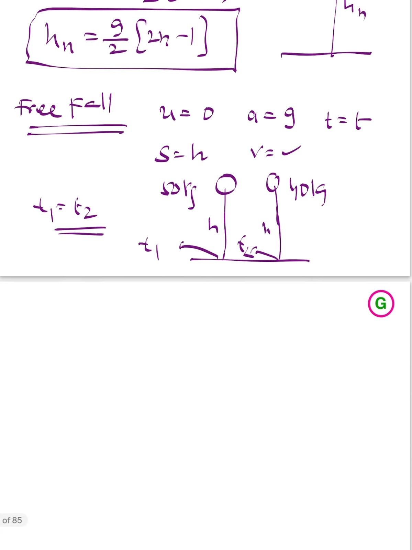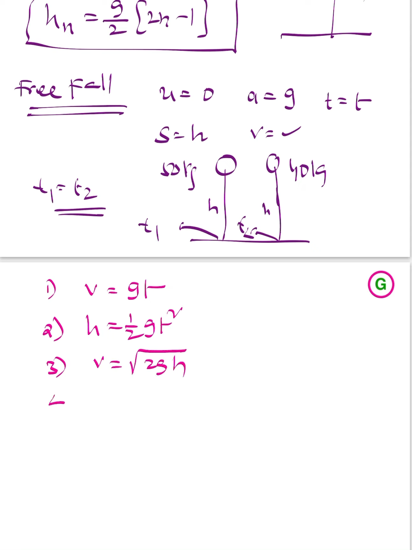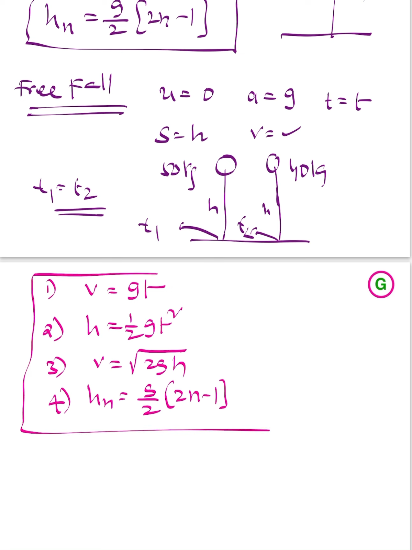So for free fall bodies, the equations of motion are: first, v is equal to gt; second, h equal to half gt square; third, v equal to root over 2gh; and fourth, hn equal to g by 2 into 2n minus 1. These are the important equations to apply according to the given questions.